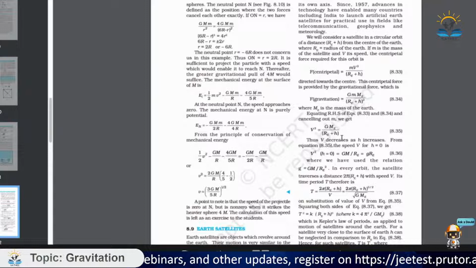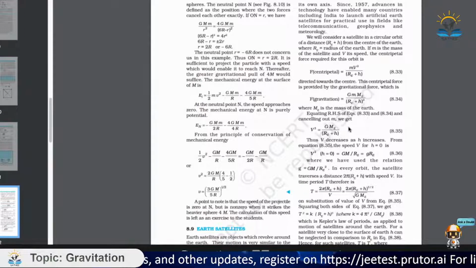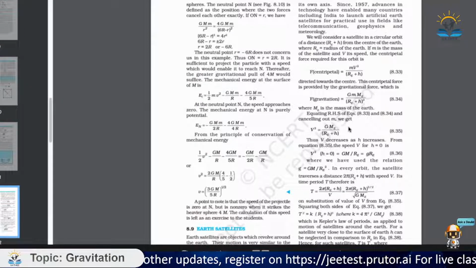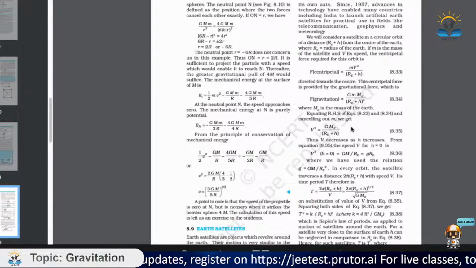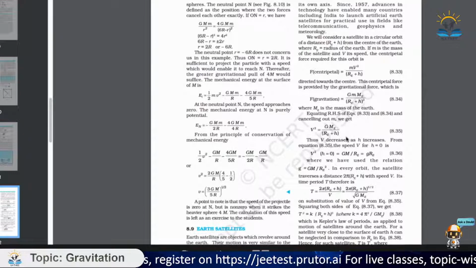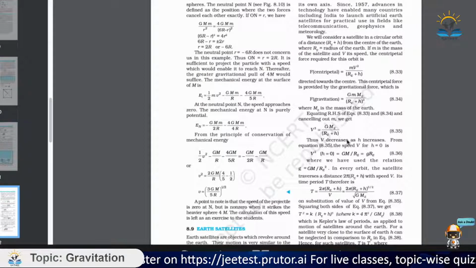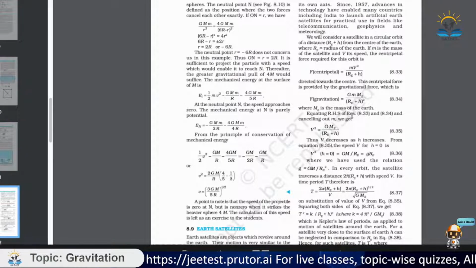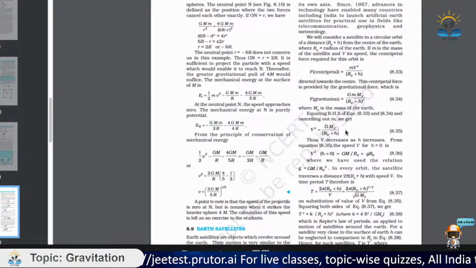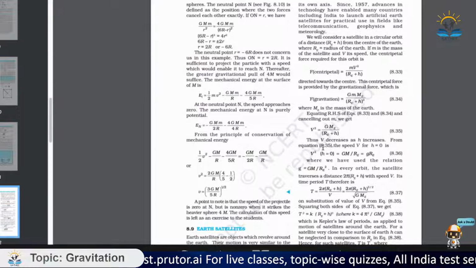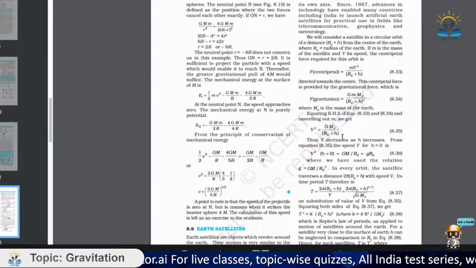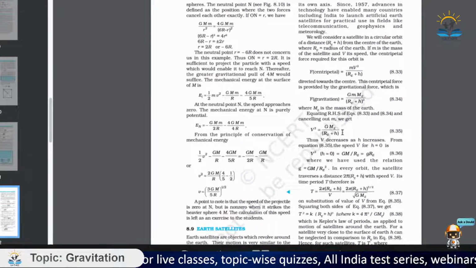After this, we will remember what is the velocity of an orbiting satellite. So this would be the velocity of a satellite that is orbiting around Earth.